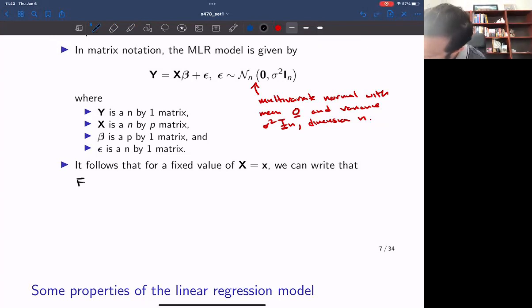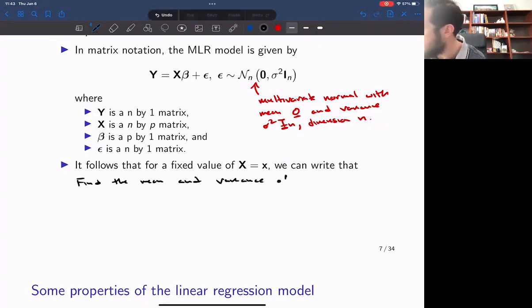So find the mean and variance of y given a fixed value of x.